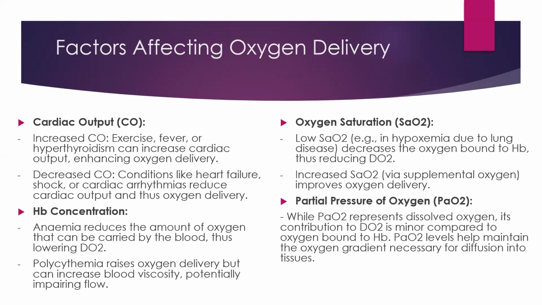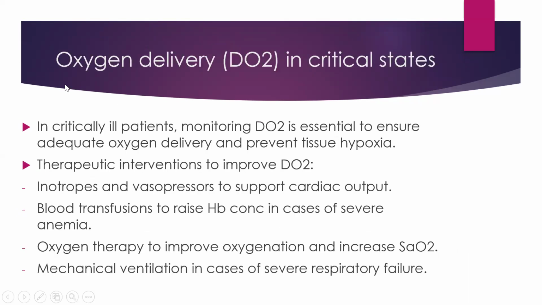The oxygen saturation also, if we look at the formula of oxygen delivery, the lesser the amount of oxygen that binds to hemoglobin, the lesser the amount of oxygen that is being delivered. The same thing goes for the PaO2. When you have a reduced amount of oxygen dissolved in plasma, that invariably leads to a reduction in PaO2 and reduction in oxygen that is being delivered.